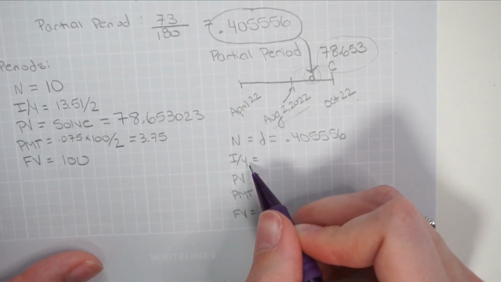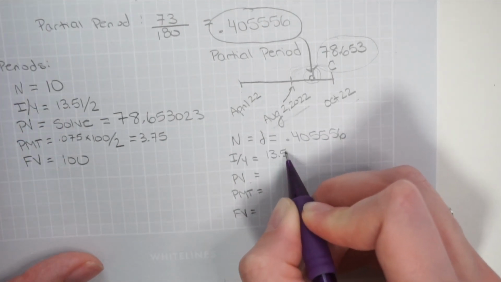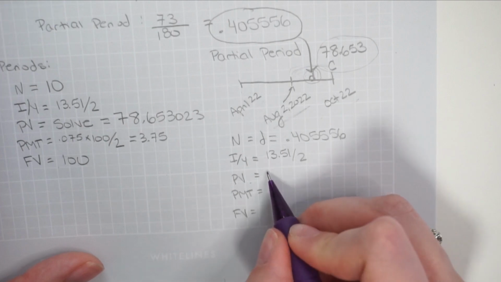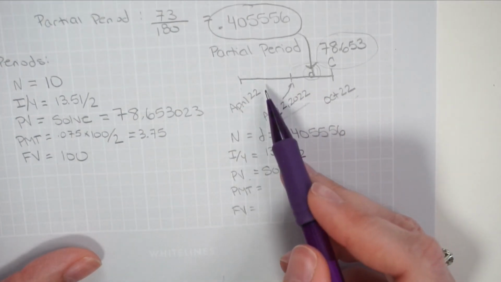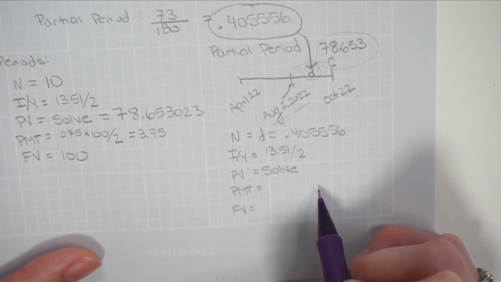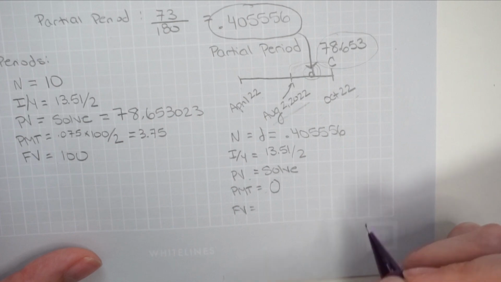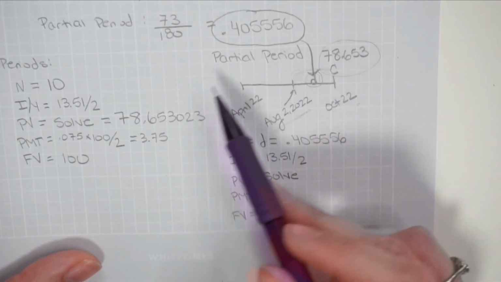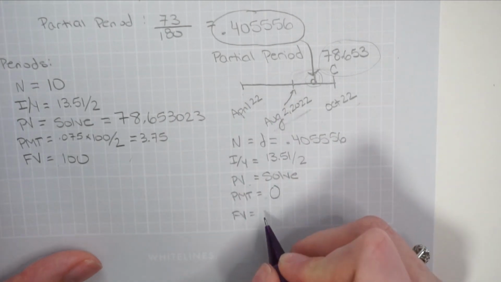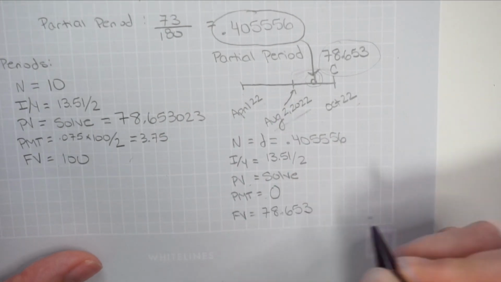Then my I over Y, that's my rate, so that stays the same, 13.51 divided by 2. Present value is what I'm solving for. In this smaller timeline, I don't have any constant payments over a set amount of time, so my payment is 0. Then for my future value, I'm discounting back the price that I calculated before, so the $78.653.